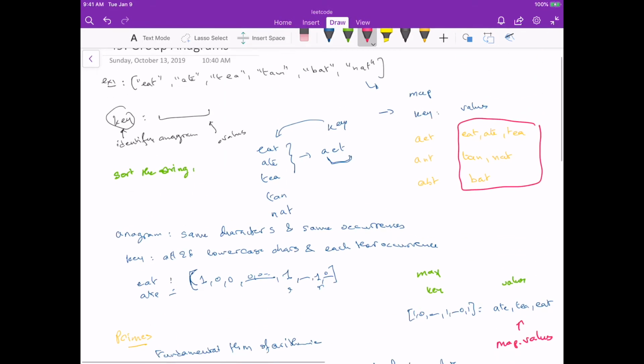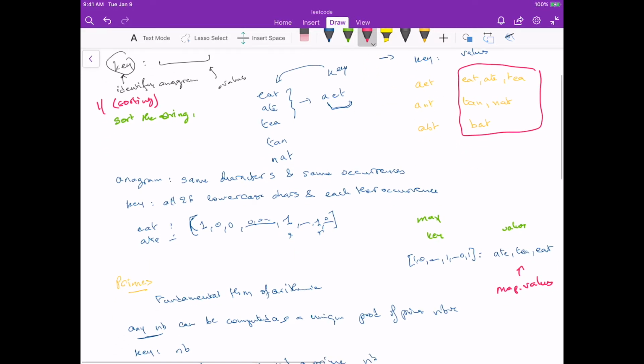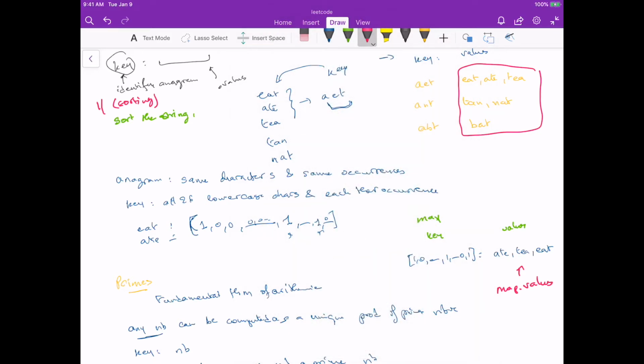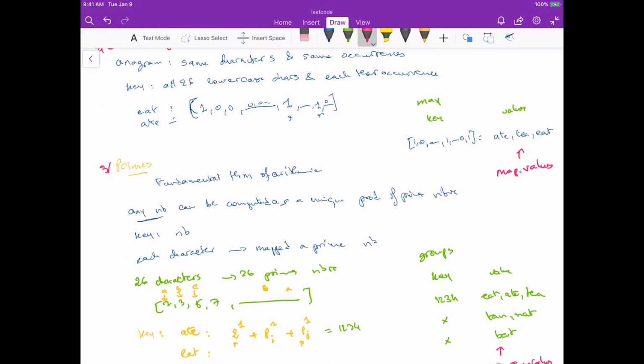We have the first one, which uses sorting, then this one, which uses just the occurrences of characters as an array, and here the third, which uses just prime factorization.